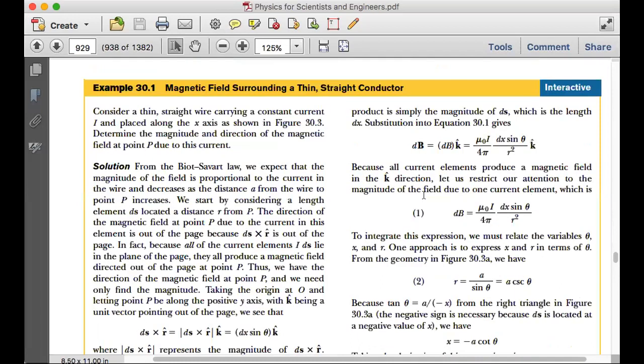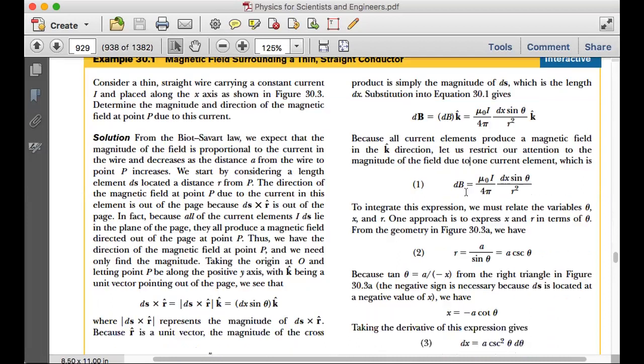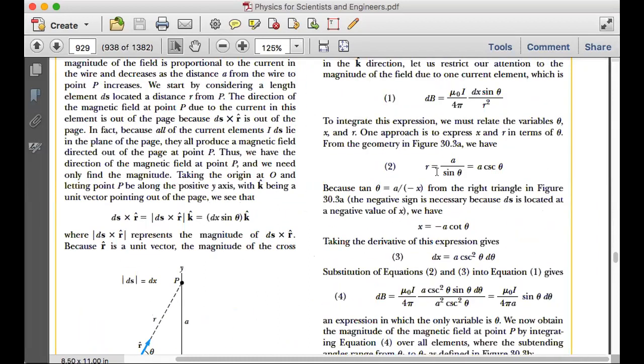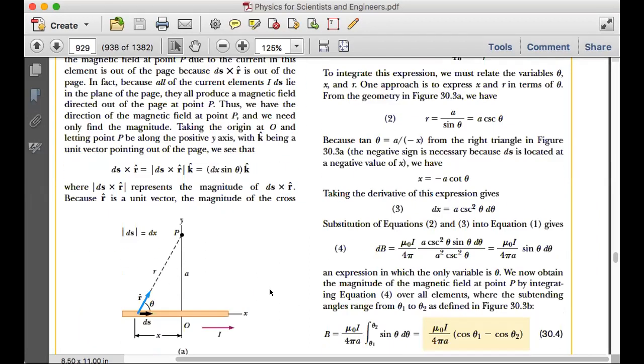So the direction of the magnetic field should be k hat. This manipulation you could see from the picture. This r is related to a over sin theta, the cosecant theta.